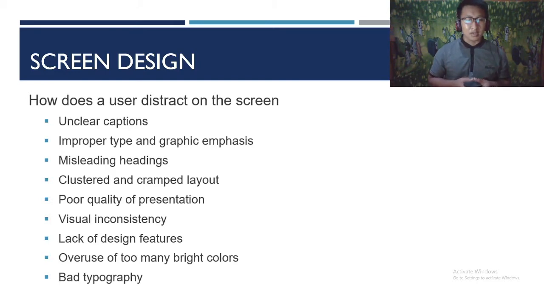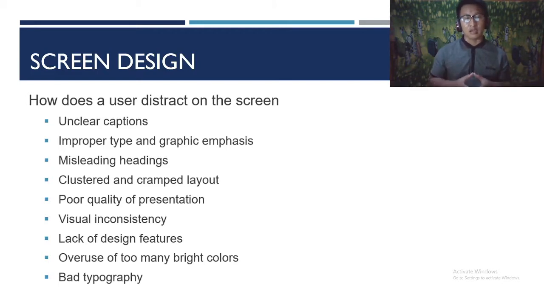Fourth is clustered, crumpled or cramped layout. Clustered and crumpled layouts are those that are not properly organized. By looking at the screen, the user will be disappointed because the icons don't have a proper organization.